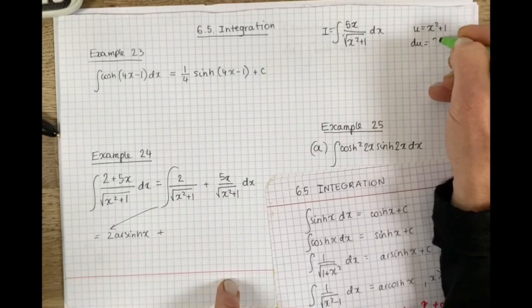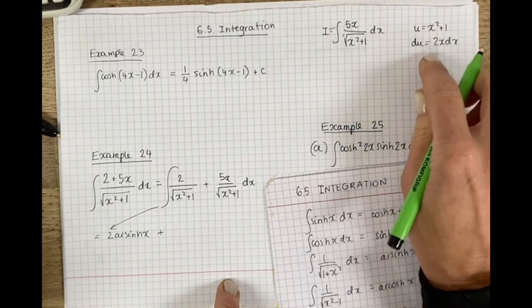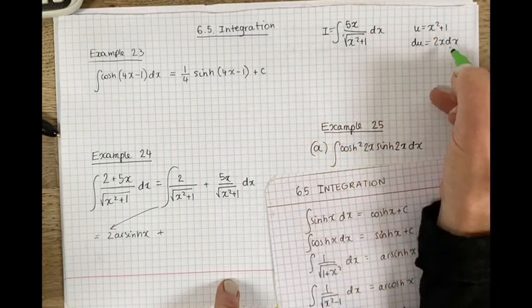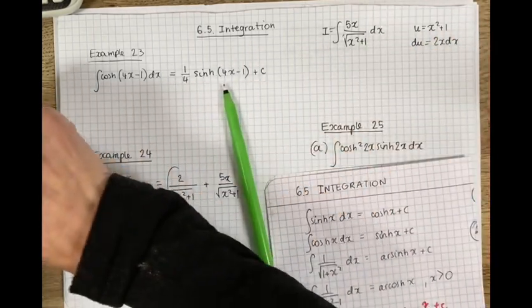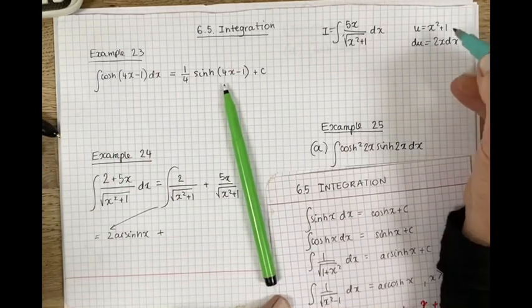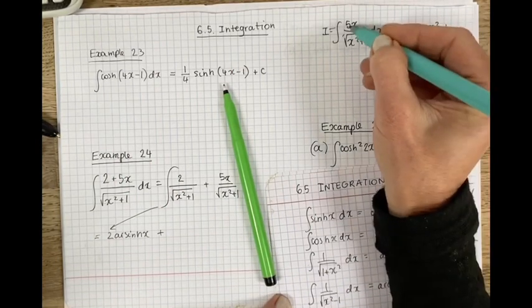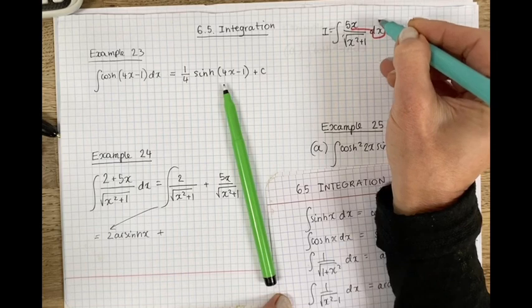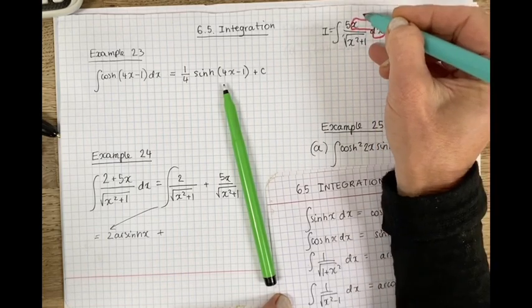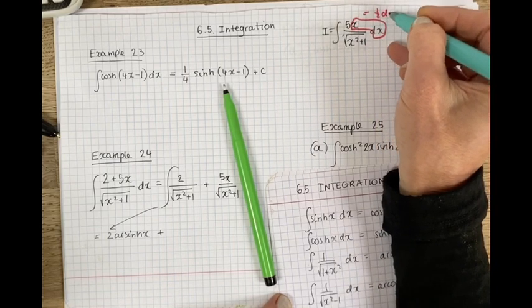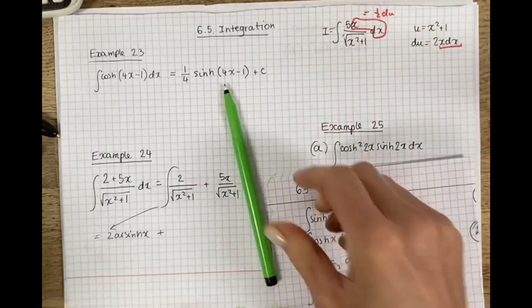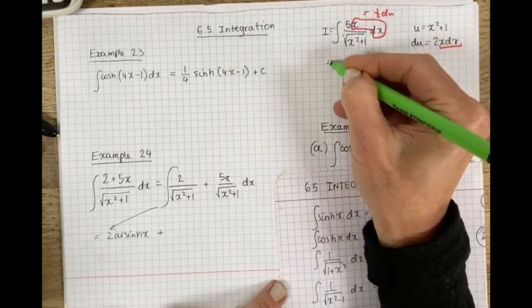du is going to be 2x dx. Notice I straight away separated du and dx like this because what do I have? Pause for a second to check. I have got x dx here. So that can be equal to a half du. So if you move that 2 across, let's just do the substituting.